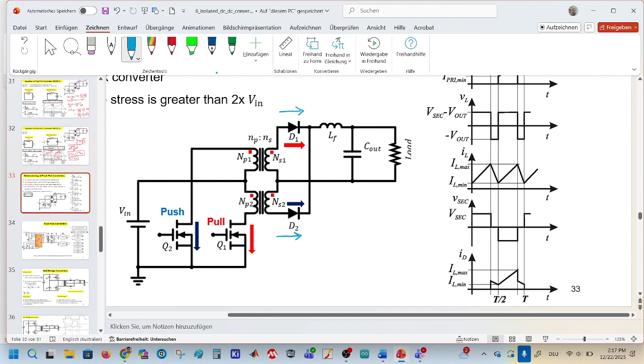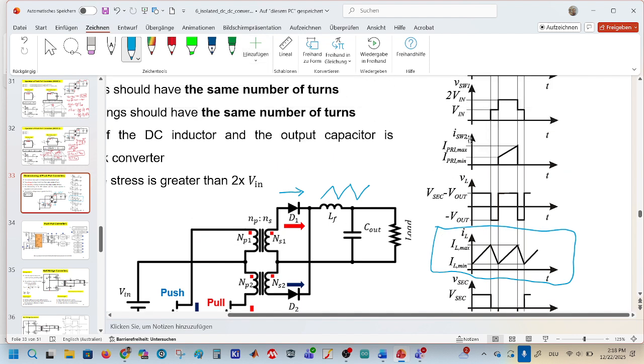Now, if you look at this guy here, this is the current that flows on the inductors. And this is probably, for example, ED1 or 2.